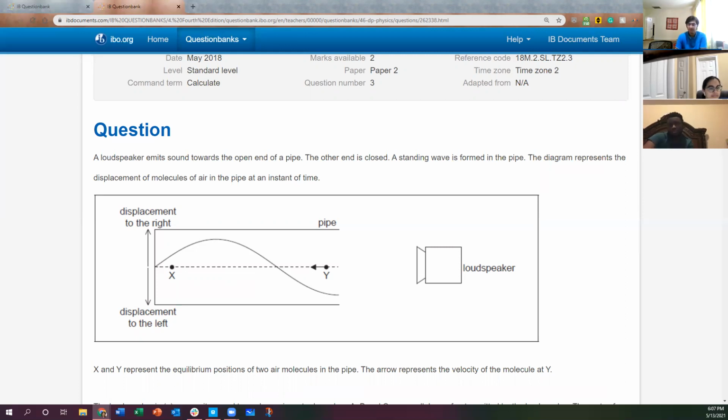So one we already talked about, right, Chandana? It's just by definition. Whenever there's a fixed end, that's going to be a node, because it can't move. So this here has to be a node, and you can label that with an n. Where's another point you can label with an n?